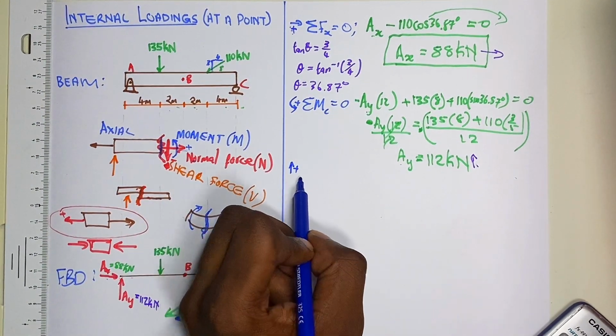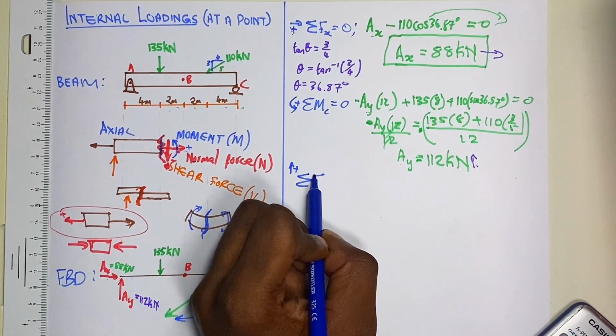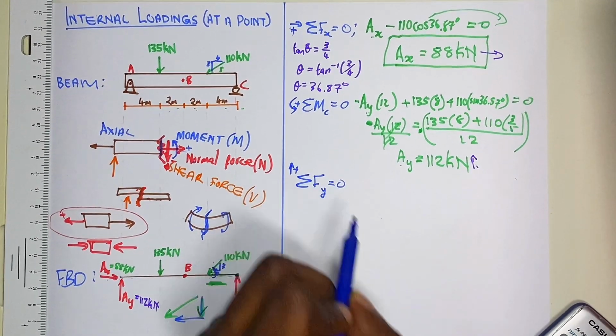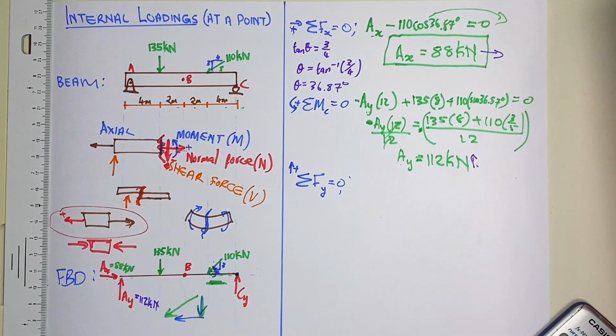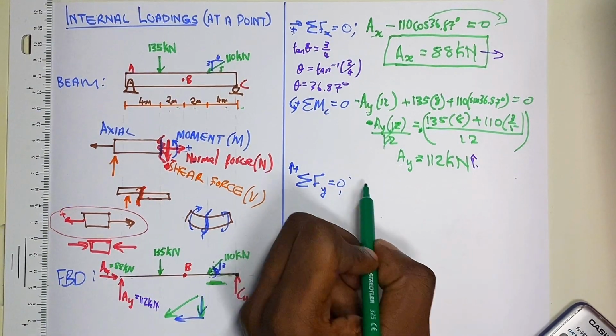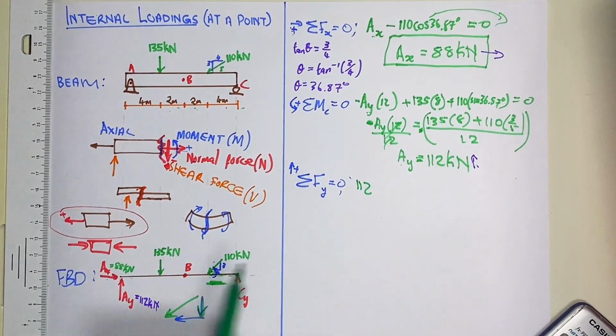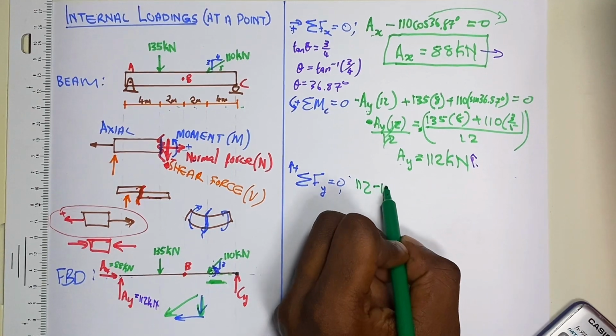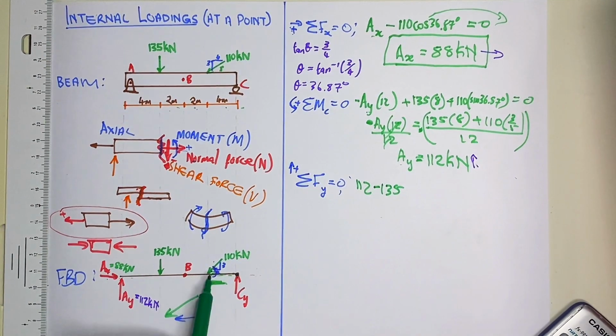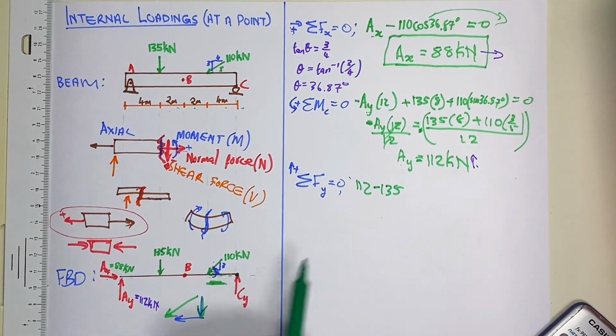Therefore I'm going to look for the sum of forces in Y. They must be equal to 0. Now which forces are those? We have AY, which is 112, and then we have 135, which is acting downwards, therefore it is negative. And then we have the Y component of the 110 force.